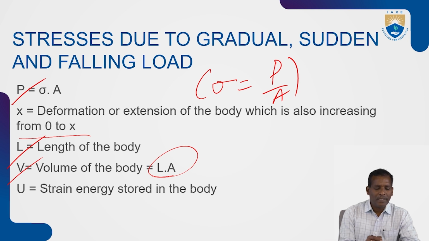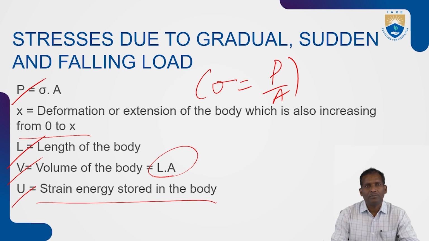Now you can calculate the strain energy U stored in the body. How much energy is stored in the body? That is called internal strain energy.